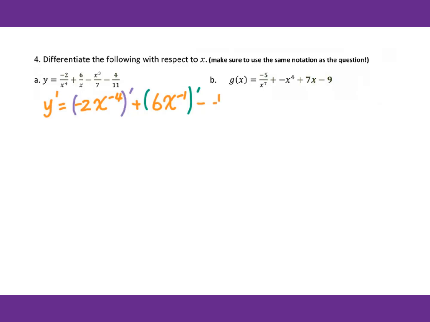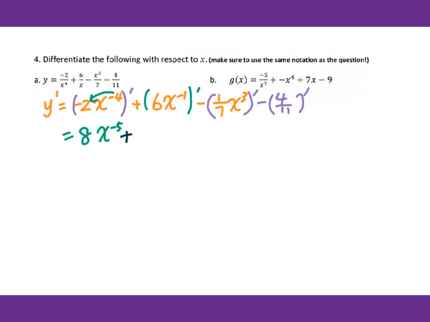Minus 1 over 7x to the third power, do derivative. Minus 4 over 11, we do derivative. Using power rule, that's drop down, minus 1, so we get negative 2 times negative 4, that's 8, x to the negative fifth power.